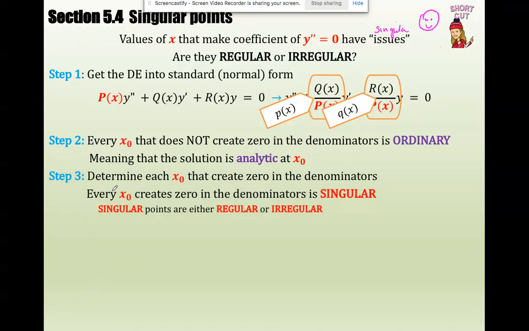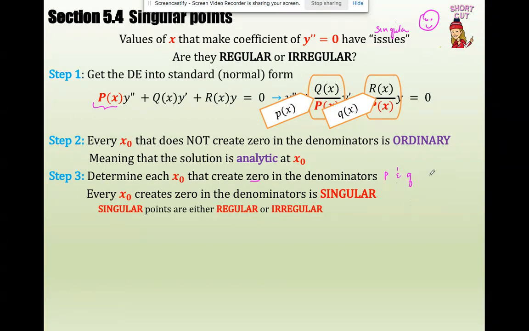I don't know why I made that step 2, right? That should have just kind of been a note. Anyway, find your x sub 0 that create 0 in the denominators now. But really, you've done that up here. If you just look at this and say set it equal to 0, you really have done step 3, right? Create 0 in the denominators of little p and little q.